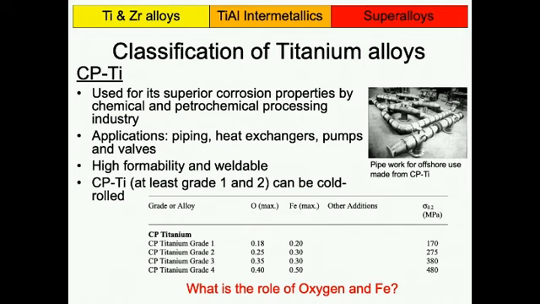So they can be formed into sheet, and this can be done at room temperature. So they have really quite good formability. Here you can see there are different grades of CP titanium. At least grade 1 and grade 2 here can be cold rolled.